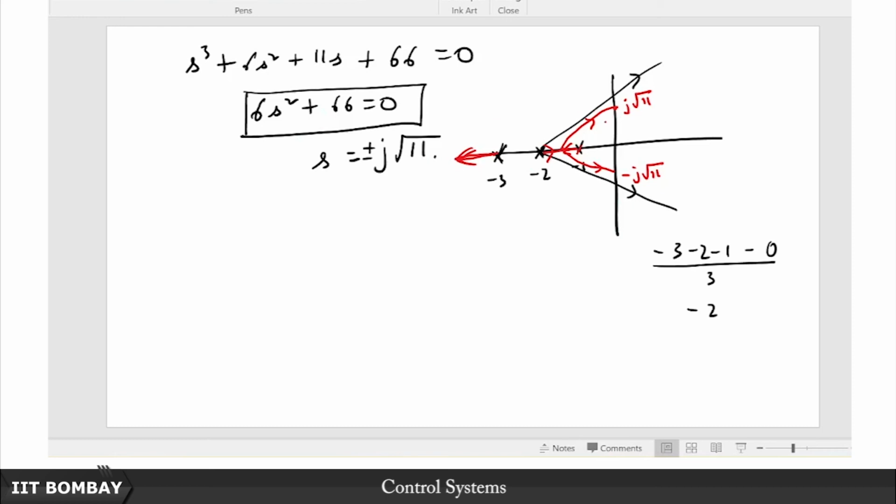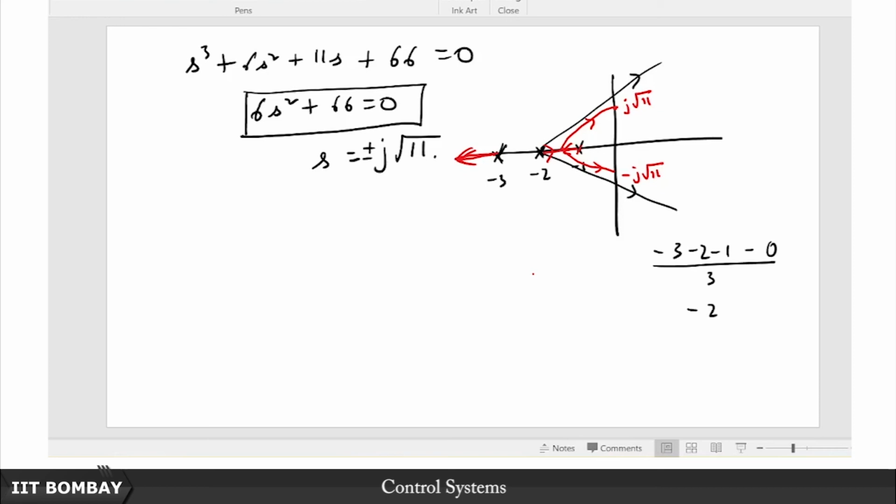It happens at the value of k is equal to 60, and at that imaginary axis crossing, a pair of my closed loop poles will be at plus j root 11 and minus j root 11. In other words, it will have an oscillatory response at this point, and I know the frequency of that oscillation as well.